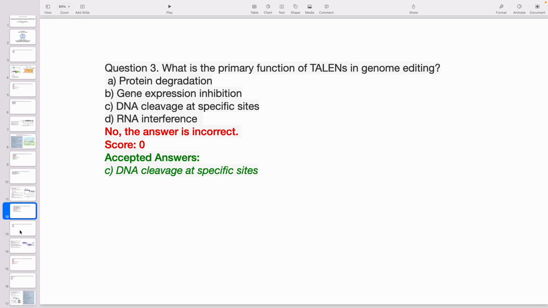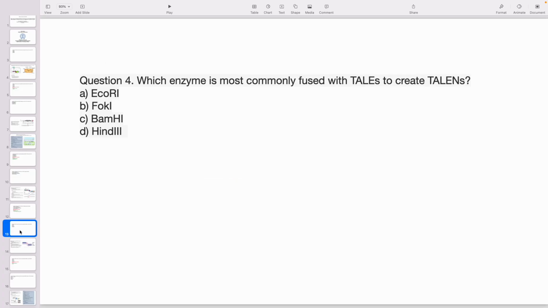So let's move to our next question. Question number 4. Which enzyme is most commonly fused with TALs to create TALENs? A is EcoR1, B FOK1, C BamH1, D HindIII. We have already seen this in the previous question.